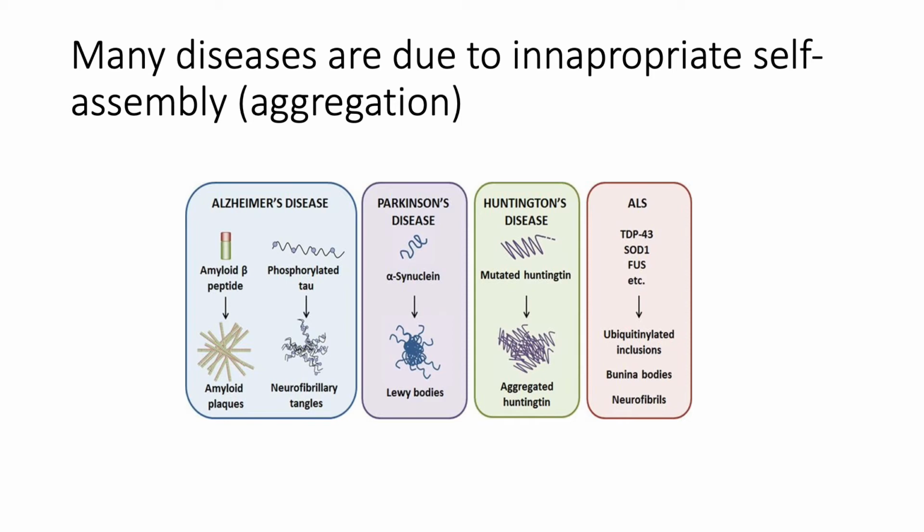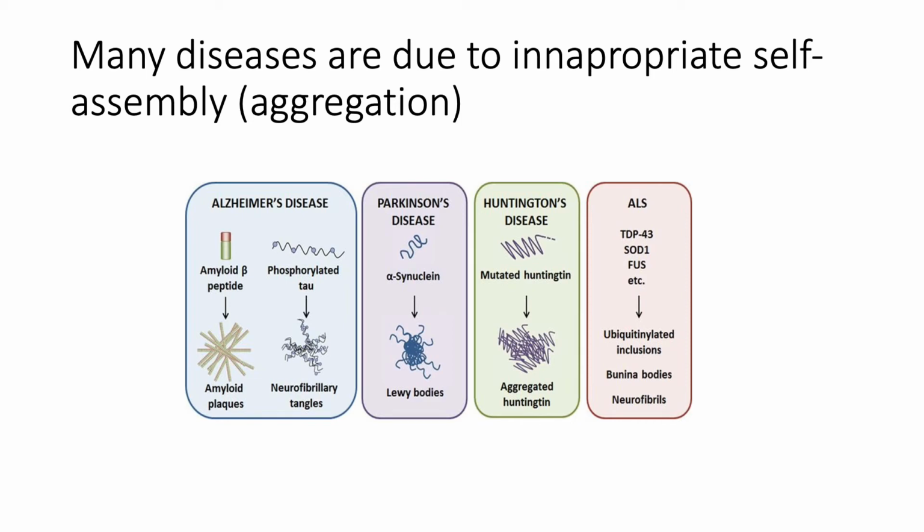In Huntington's disease, same thing. In ALS, there's a number of proteins where you get these large complexes formed, and what they call neurofibrils and these other inclusion bodies, which are basically precipitated proteins which occur inside the cells.